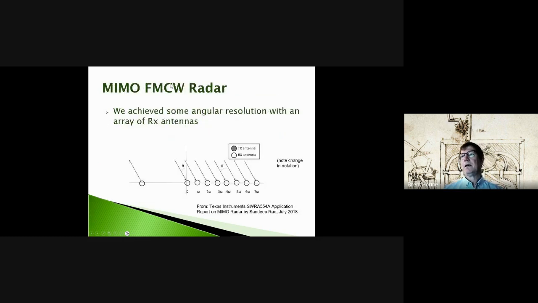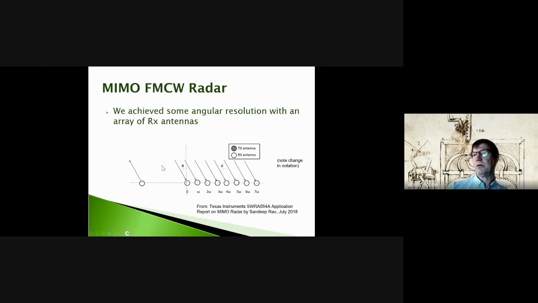But we achieve some resolution with an array of RX antennas. Okay, so I grabbed this figure, I just cut and pasted it out of a Texas Instruments application report.